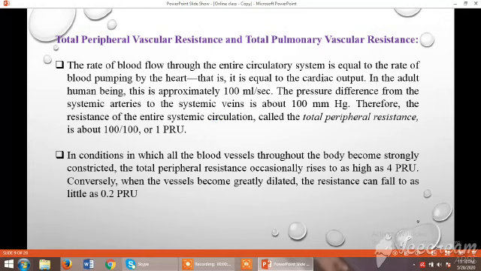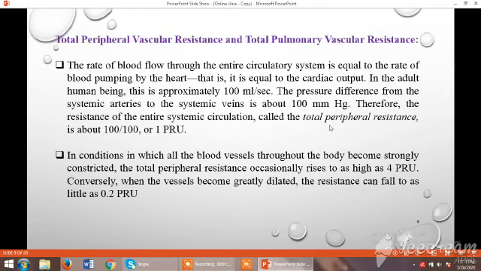I have told you before, what does F equal? You see, there is that law: F equals delta P by R. So here, R equals total peripheral resistance, R equals delta P by F. Delta P is the pressure difference, which is 100, divided by F, which is 100 milliliters per second.